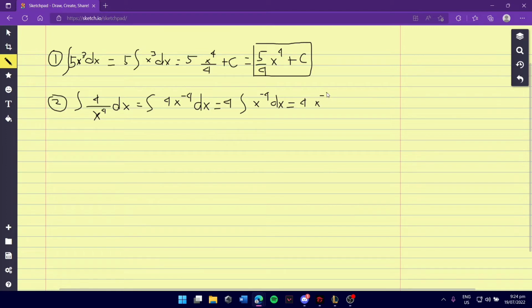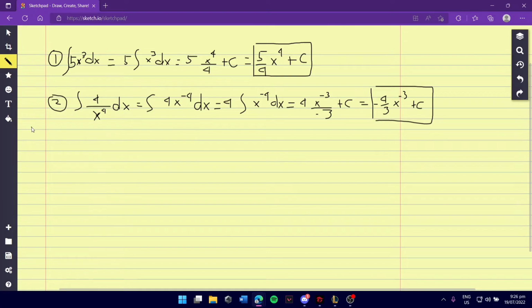So x raised to negative 3 over negative 3. And then put our arbitrary constant, which is c. So we can simplify this. It will become negative 4 thirds x raised to negative 3 plus c. So this is your final answer.